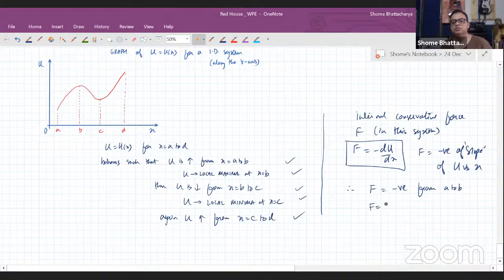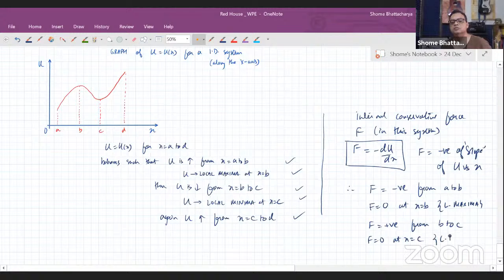Then F becomes 0 at x equal to B because there is a local maxima, so the slope becomes 0. Then F becomes positive because the slope is negative from B to C. Then at the local minima point, the instantaneous force is 0, and again the force is negative from C to D.